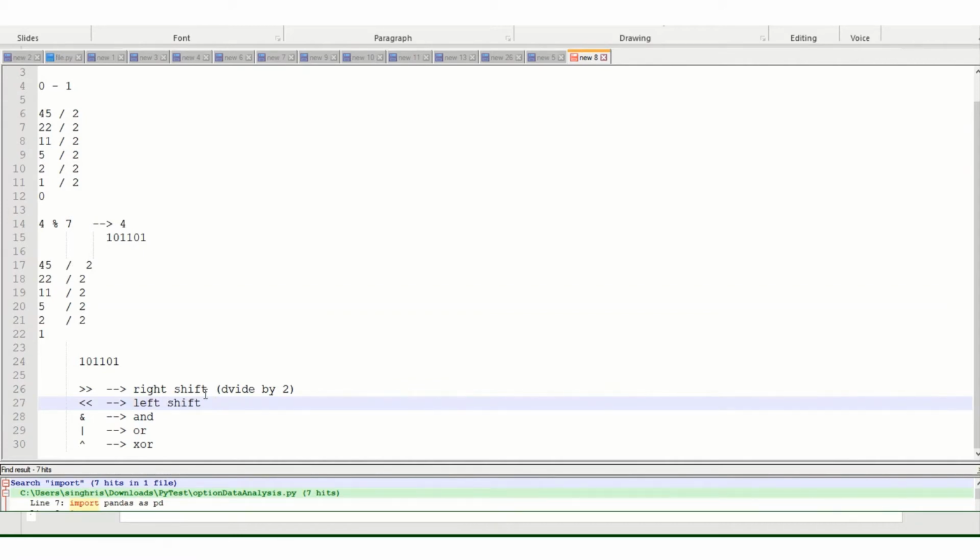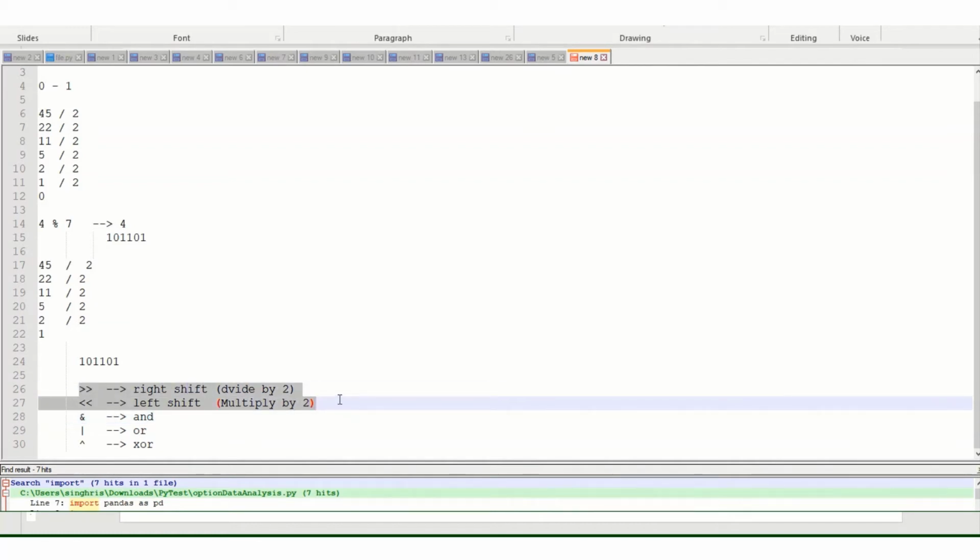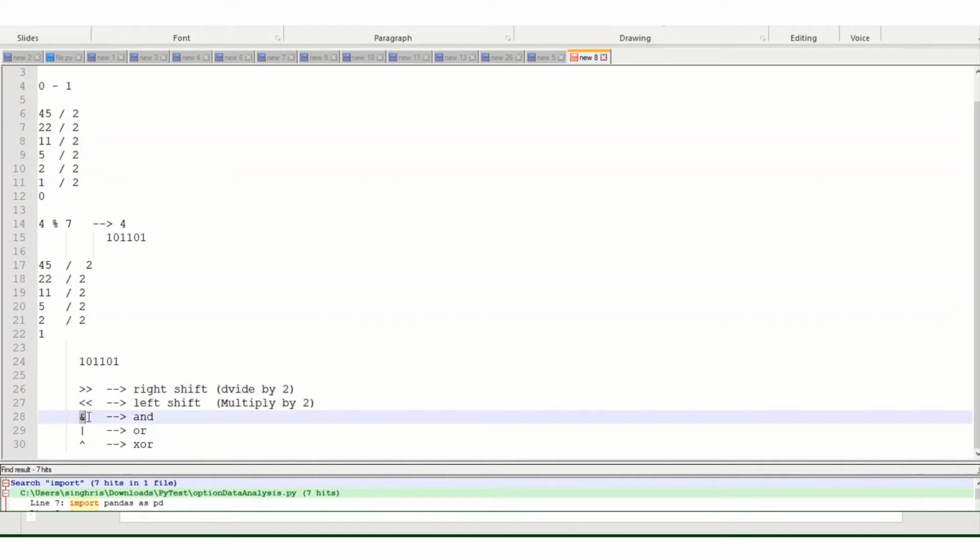Okay, so this is multiply by 2, this is divide by 2. And this is AND operation, this is binary operation. Left shift and right shift is a unary operation, meaning this is applied on a single variable. But AND and OR, these are binary operations, so you need two values to apply AND and OR operations.